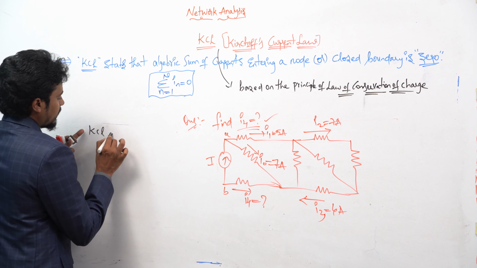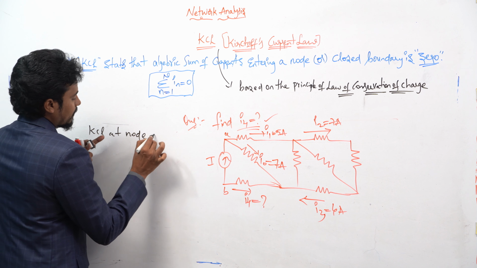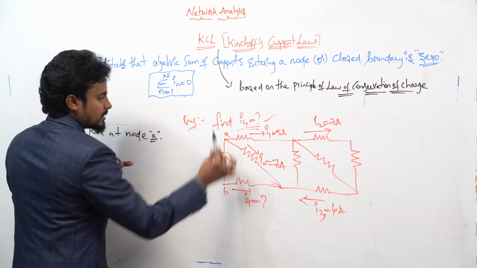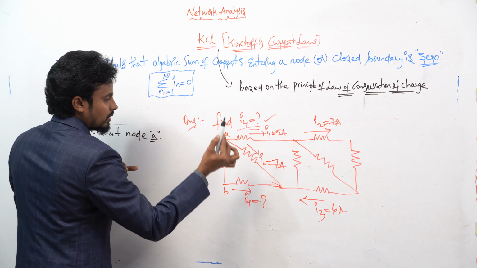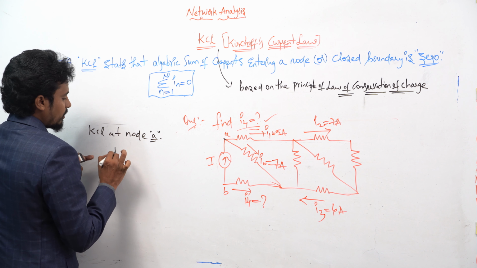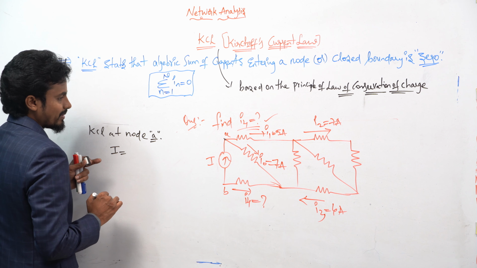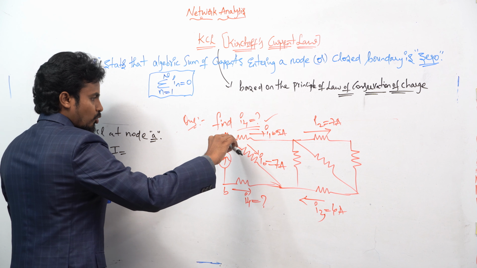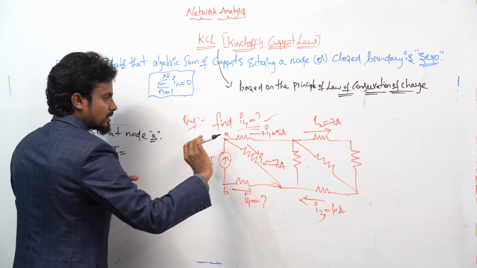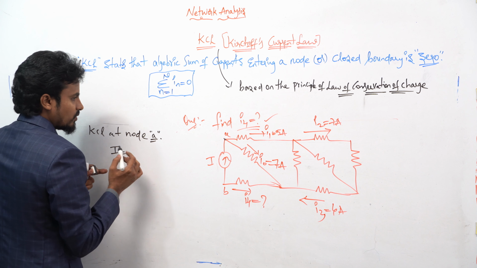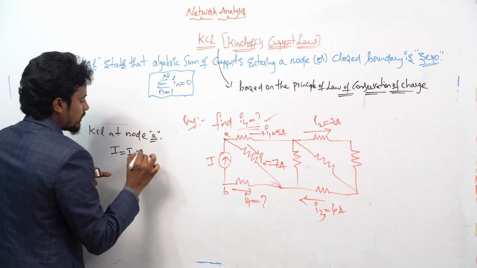KCL at node A. So here you can see the incoming current is I, which is equal to the sum of outgoing currents. For this node, the outgoing current is 7 amperes. For this node, the outgoing current is 5 amperes.